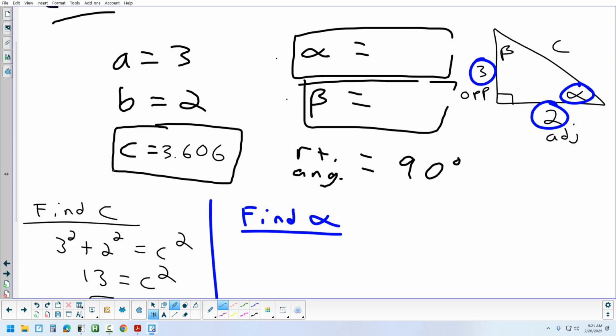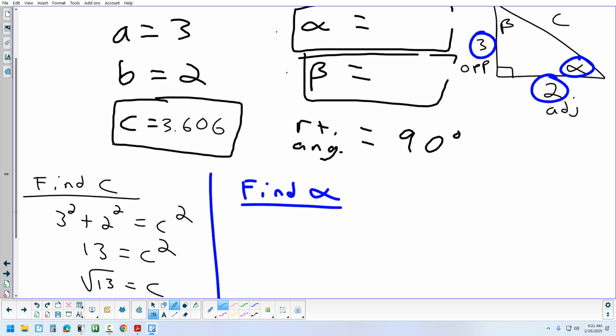I'm only going to use the opposite and the adjacent. All right, opposite and adjacent tells me I'm using which trig function? Tangent. And it's the tangent of what's going to go inside my parentheses. Alpha. Tangent of alpha equals, and how about on the other side? 3 over 2.